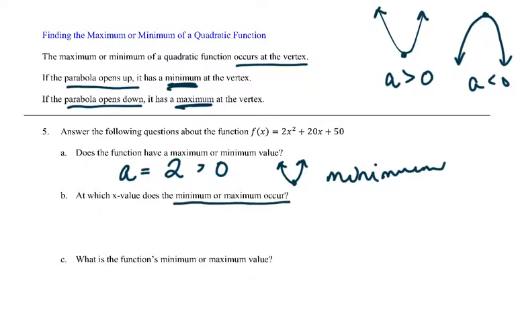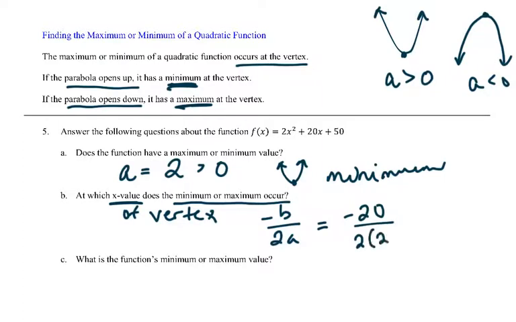We have to find the x coordinate of the vertex, which happens at -b over 2a. So that's going to equal -20 over 2 times 2, which is equal to -20 divided by 4, which is equal to -5. So the minimum occurs at x equals -5.